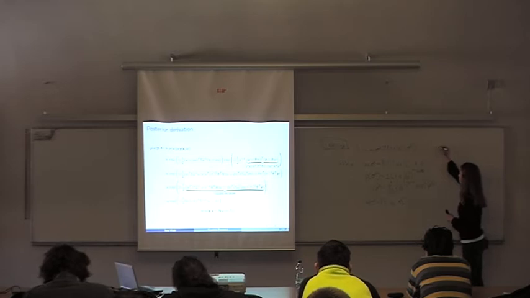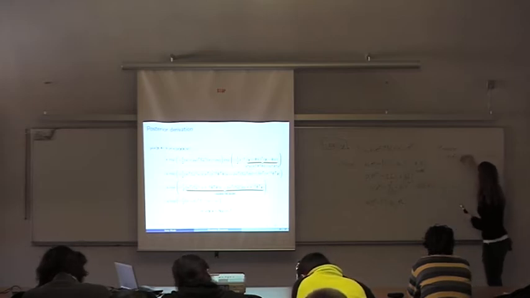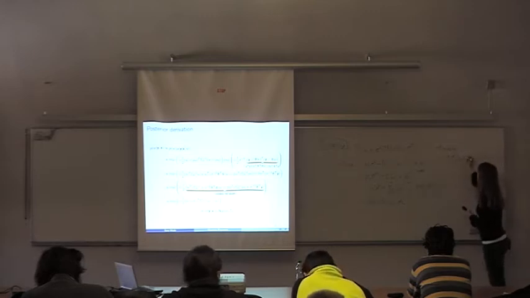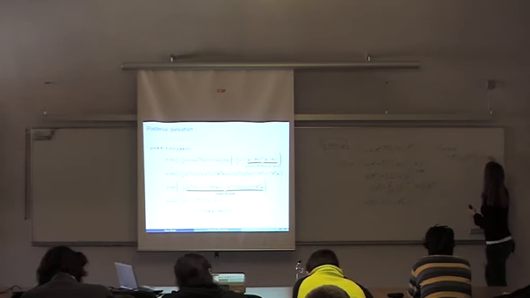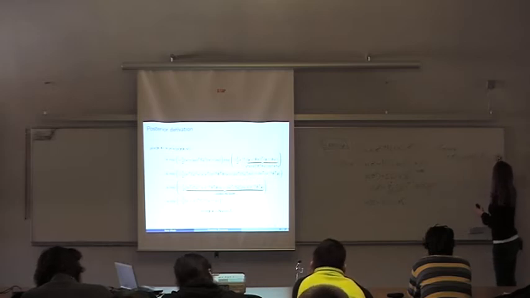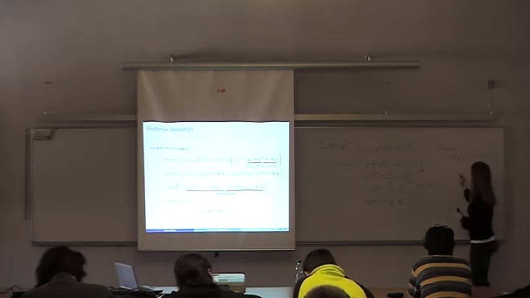Since this is the conjugate prior, we know that the posterior, given the data, is normal inverse gamma with updated parameters. We'll call them W hat, C hat, A hat, and B hat. I'll give you the answer, and you can work out yourselves what it is.